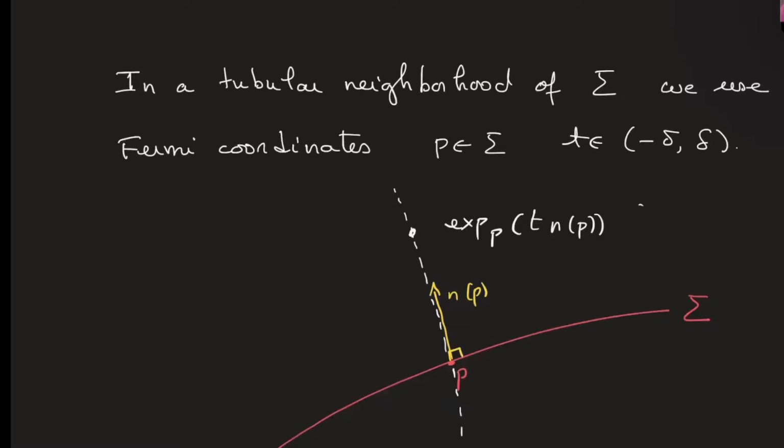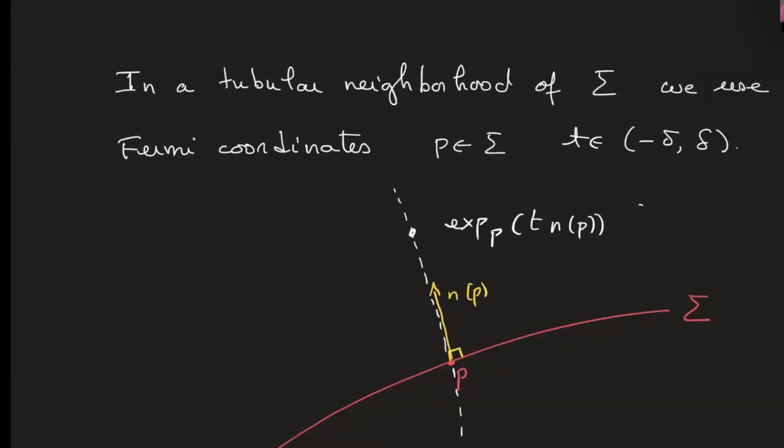Now the next ingredient is that in a tubular neighborhood of your minimal hypersurface sigma, you're going to use Fermi coordinates. Fermi coordinates are not so hard to understand. What you do is you pick a point, P, on sigma, on your hypersurface, and then you are going to parameterize a neighborhood of sigma by using the exponential map.